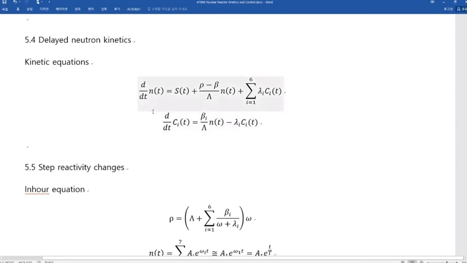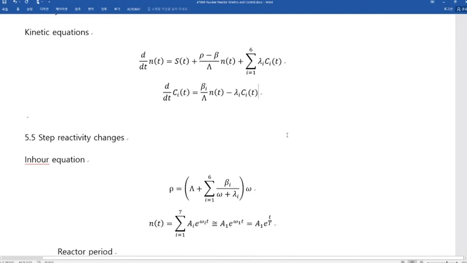In section 5.4, the kinetic equations were given with this equation. The change of precursor concentration is given by beta i over prompt generation time, and n(t), minus lambda i Ci.